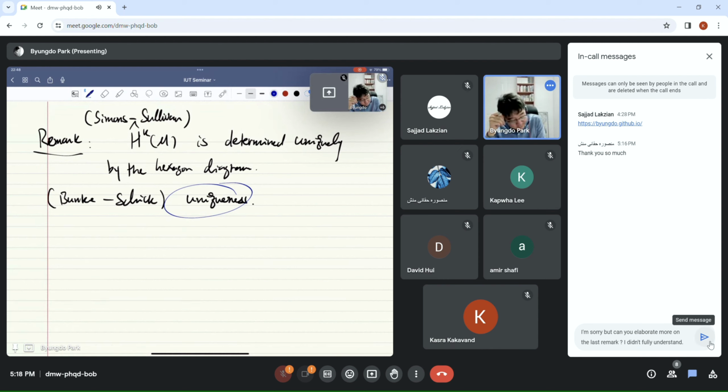Even for the closest cousin of differential cohomology, differential K-theory, the cup product is not that well understood. In differential K-theory, the cup product is well understood, but in twisted differential K-theory, I don't think it's well understood. Yeah, there are many interesting things going on that have to do with the cup product.